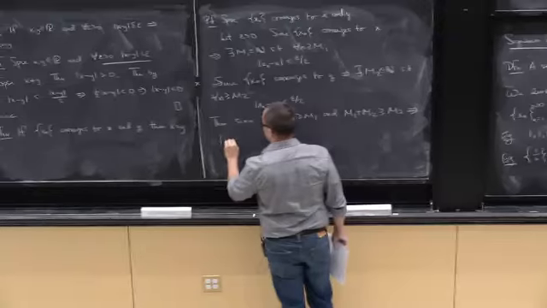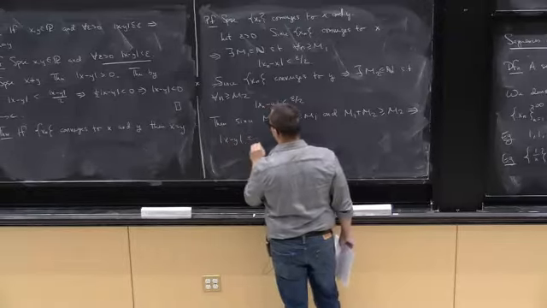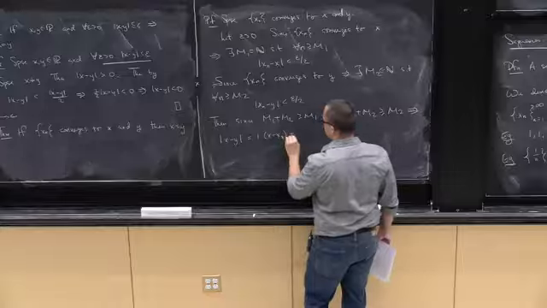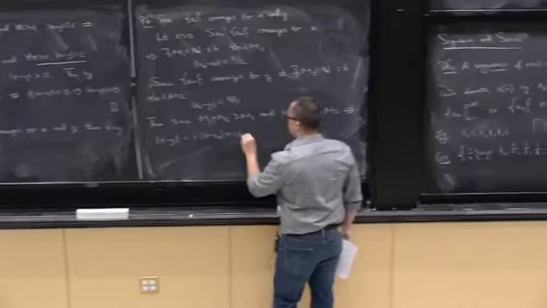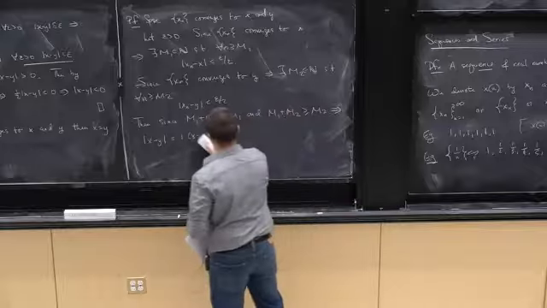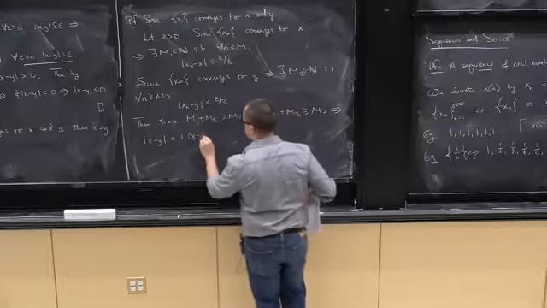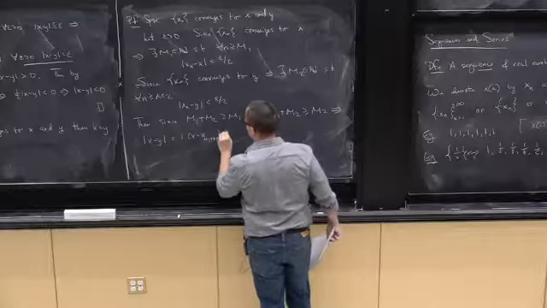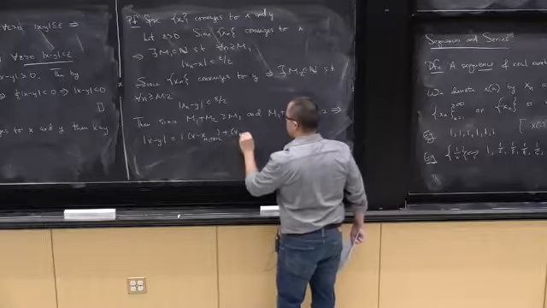If I look at the absolute value of x minus y, this is equal to the absolute value of x minus x sub m1 plus m2, plus x sub m1 plus m2 minus y.